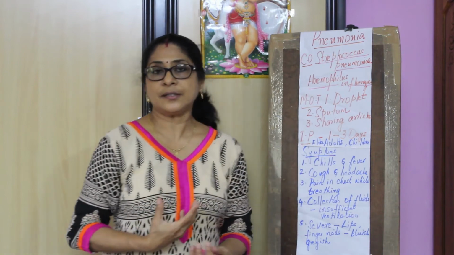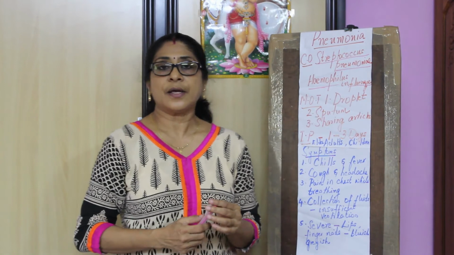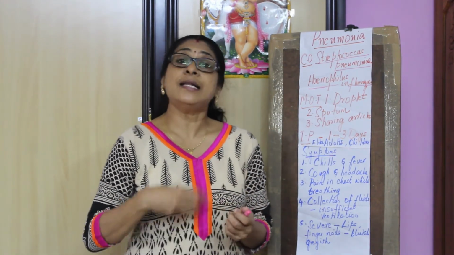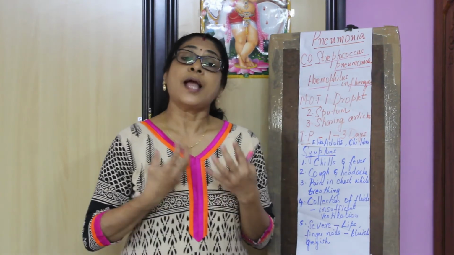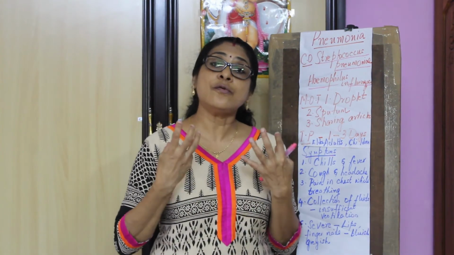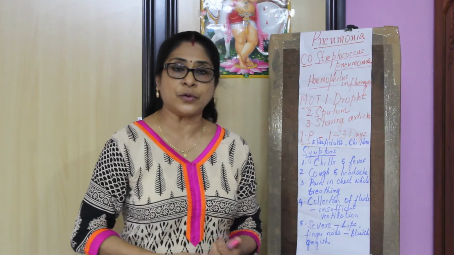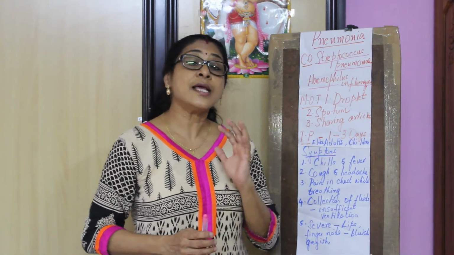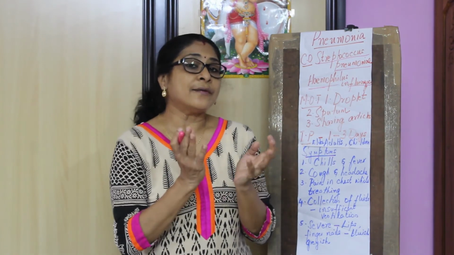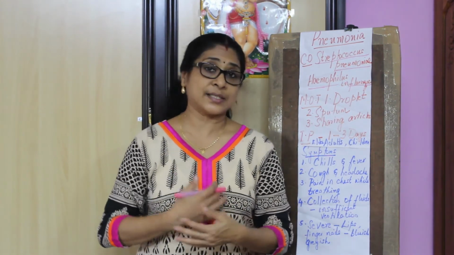The next one is, as the severity of the disease increases, the bacteria are lysed in the alveoli as well as in the respiratory tract, and there is collection of fluid in the small bronchioles as well as in the alveoli, and that causes insufficient ventilation, because you may remember that the alveolar surface is the place where respiratory gas exchange occurs.